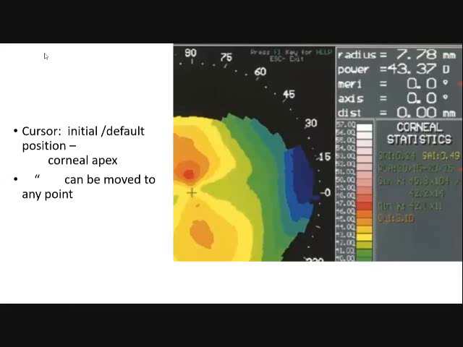So initially the cursor is in the central position, the default position at the corneal apex, and the cursor box gives those readings. And later on, the cursor can be moved to any other position, and then the cursor box will give the reading of that position.